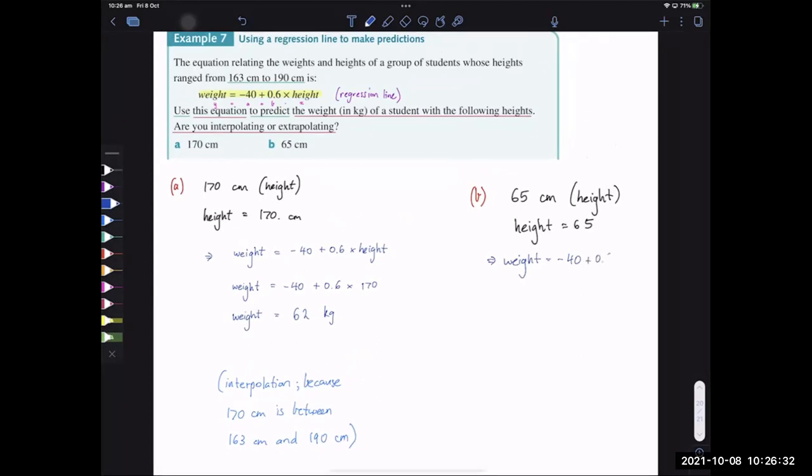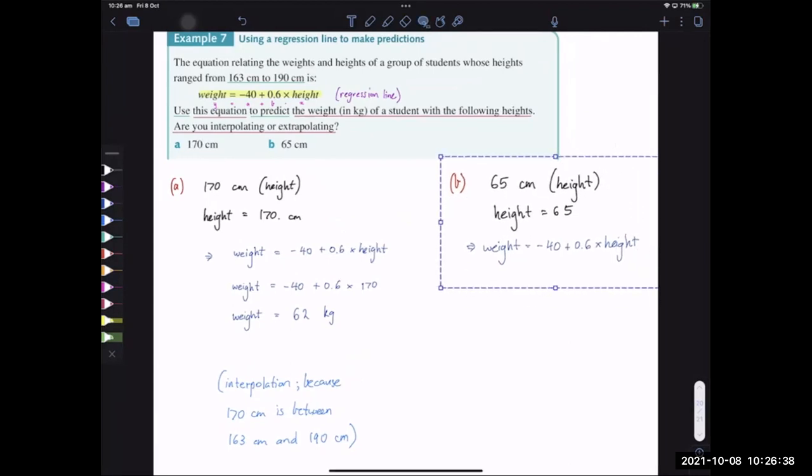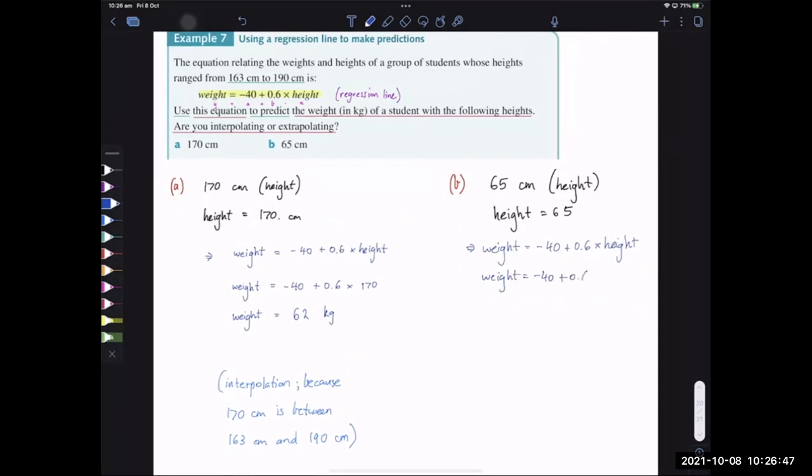And if I'm writing it like this, then I expect you to do it the same when you complete your exercise. Substitute, then evaluate on your CAS.